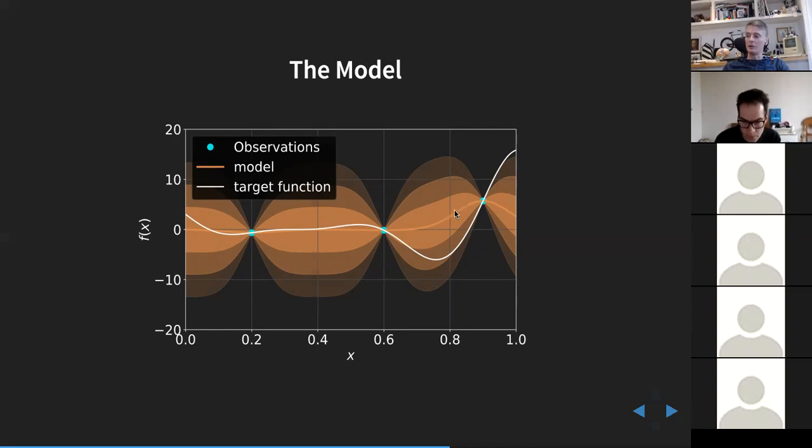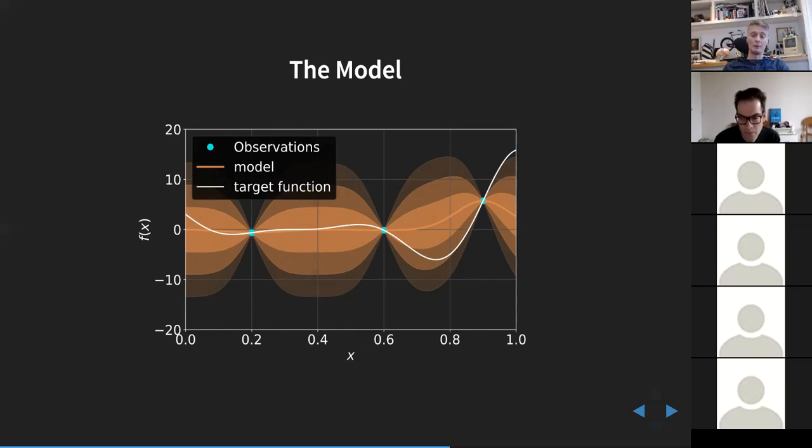The orange line here is the mean function. And then this is 1 standard deviation, 2 standard deviations, which is like 95% error bars, and 3 standard deviations, 99% error bars. So you might think, well, where do we want to get a data point next, given this is our surrogate fit?